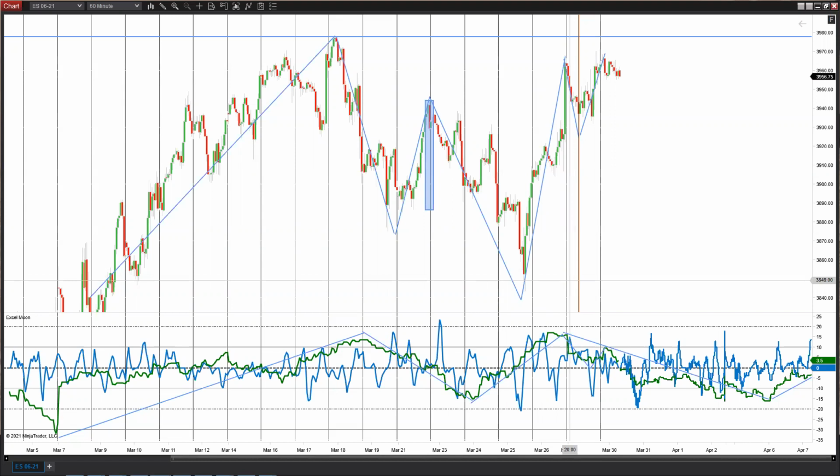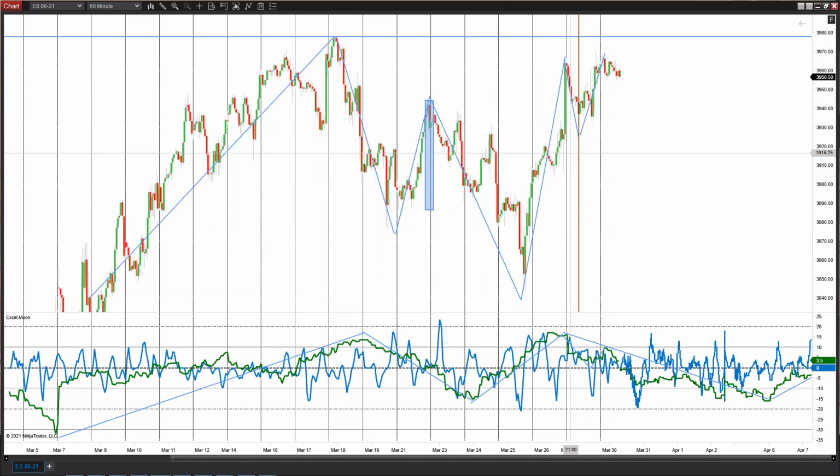You can see right after the high was made here, the blue line traded down. We had a little bounce up and then we went down again to this secondary bottom right here at about 12 o'clock on the hourly bar.